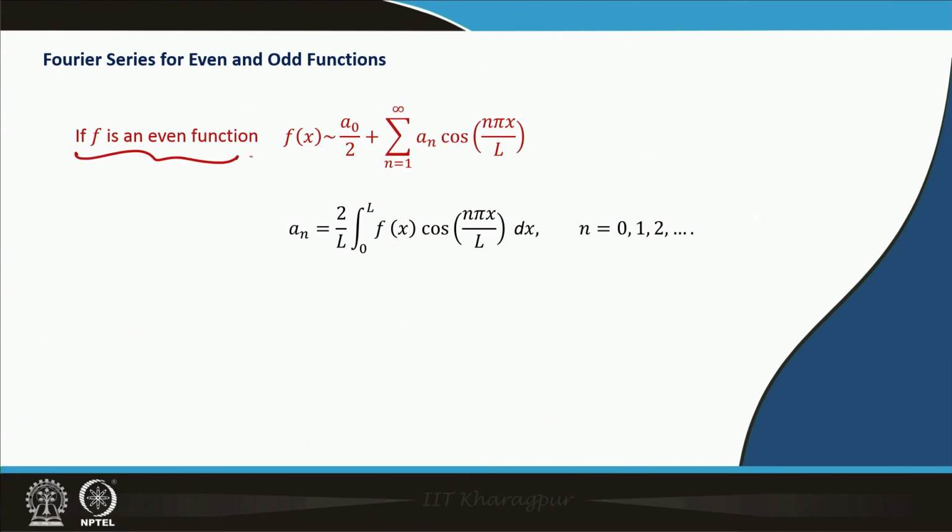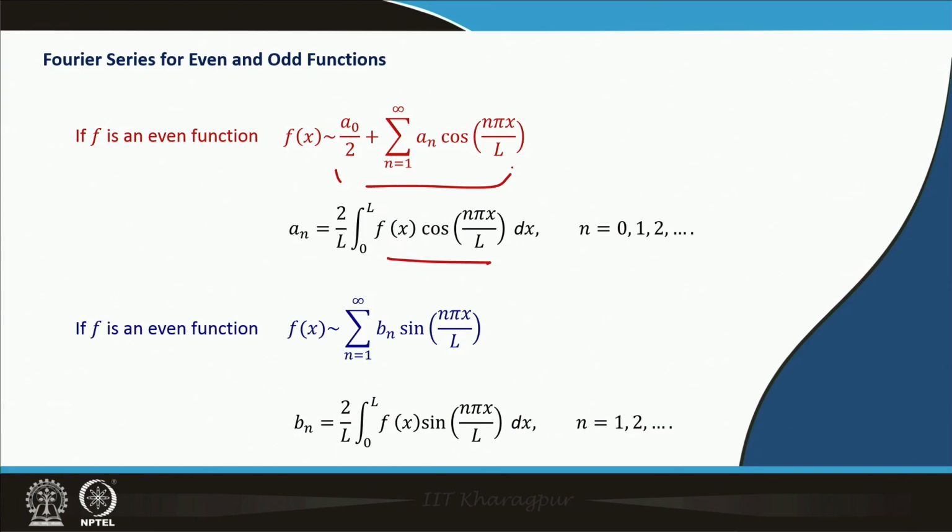If f is an even function, then f(x) can be expressed in terms of just the cosine functions, and these coefficients a_n can also be simplified; they can be evaluated from 0 to L and 2 times, because originally it was minus L to L, and then we have f(x) cos(n pi x over L) dx, and n is 0, 1, 2, etc. Because the function is even, the b_n coefficients become 0 and we got only the cosine series.